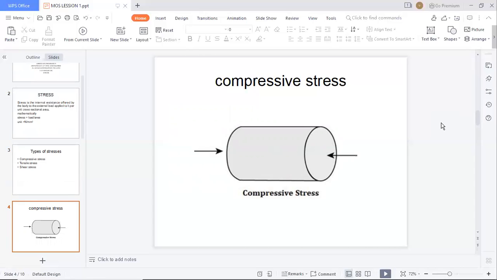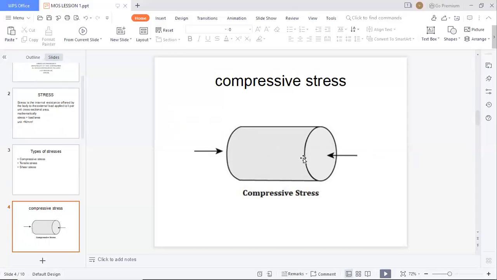Compressive stress. This is the compressive force. It presses some specimen or loaded body like this. So this is called a compressive force. The compressive force by the cross-sectional area or load applying area is called compressive stress.